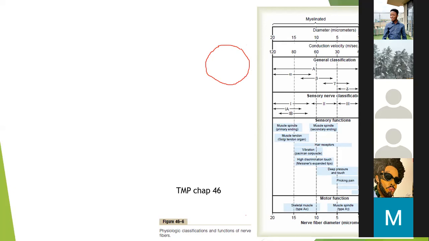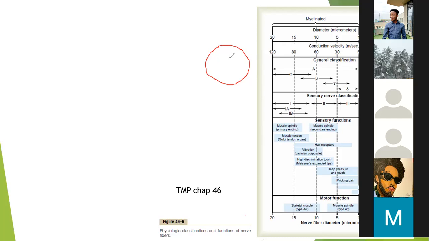So you cannot see that with your naked eye. They start increasing, but they are still less than 10 in the non-myelinated ones. However, when you look at the myelinated fibers, they can go up to 120, which is about 0.1 of a millimeter, which is very big.